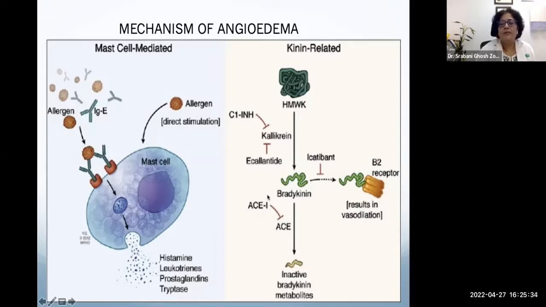So when an ACE inhibitor inhibits this enzyme, there is more accumulation of bradykinin, and that can give rise to angioedematous lesions. And ecallantide is another drug which blocks this kallikrein, and that can be helpful in the treatment of angioedema.